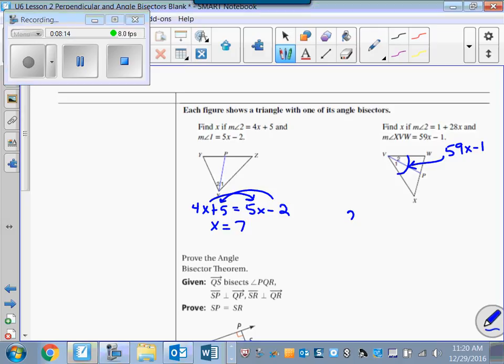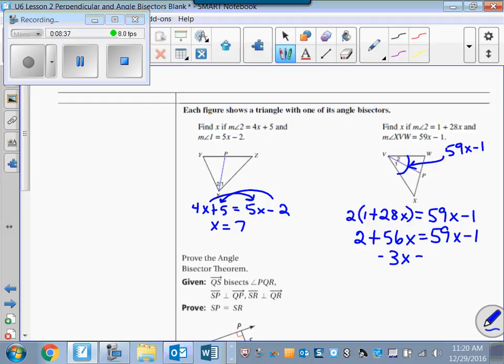So what I'm going to do is say 2 times the measure of angle 2, which is 1 plus 28x, equals the measure of angle XVW, which is 59x minus 1. So that's going to give me 2 plus 56x equals 59x minus 1. Therefore, negative 3x will be negative 3. Therefore, x equals 1.